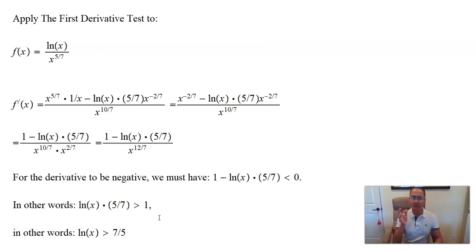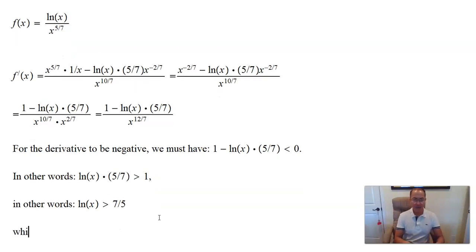Okay, so that worries me a little bit because ln of x goes like this. Ln of 1 is 0, ln of e is 1, and e is bigger than 2. Okay, so this is definitely not true in general, which is only true when x is bigger than, solve for x, e to the power 7/5.